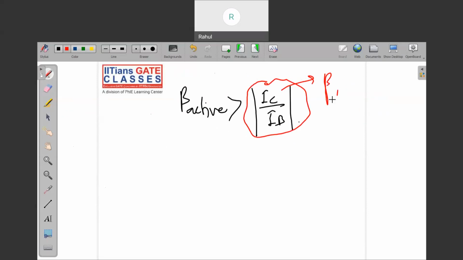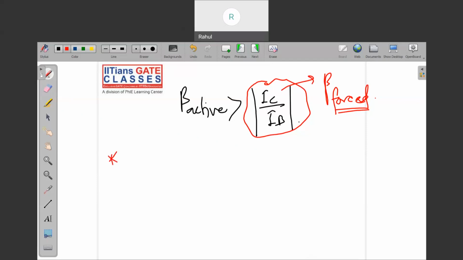Beta forced. Because we are forcing the base current, it should not be equal to 0, and the transistor is not in the active region.